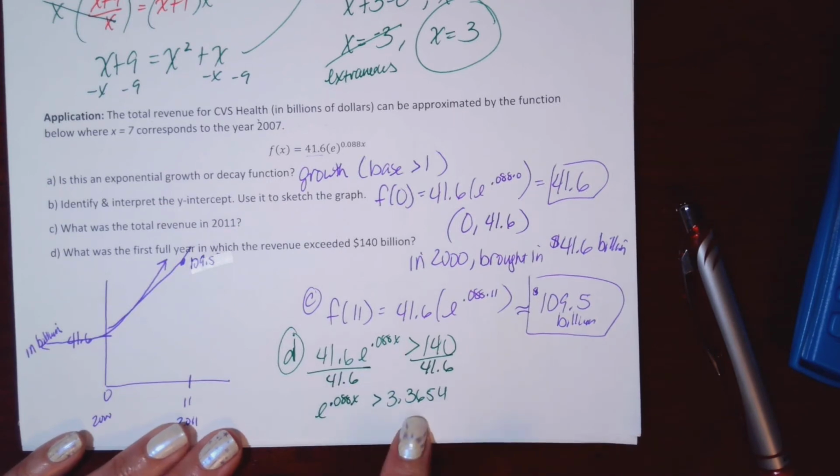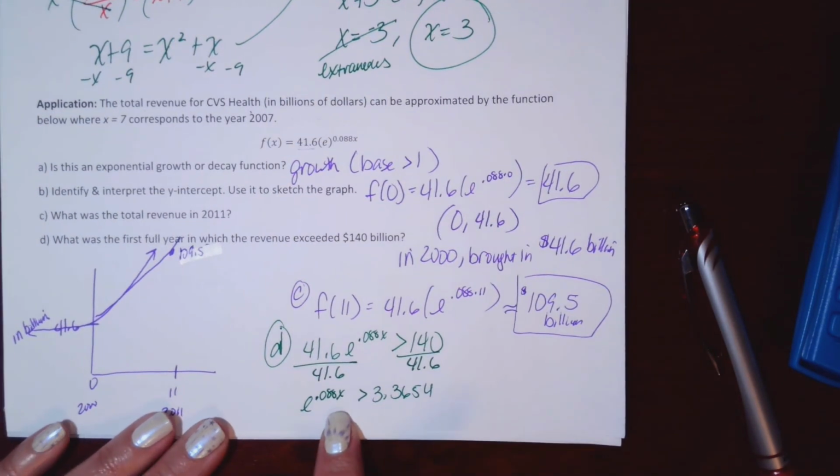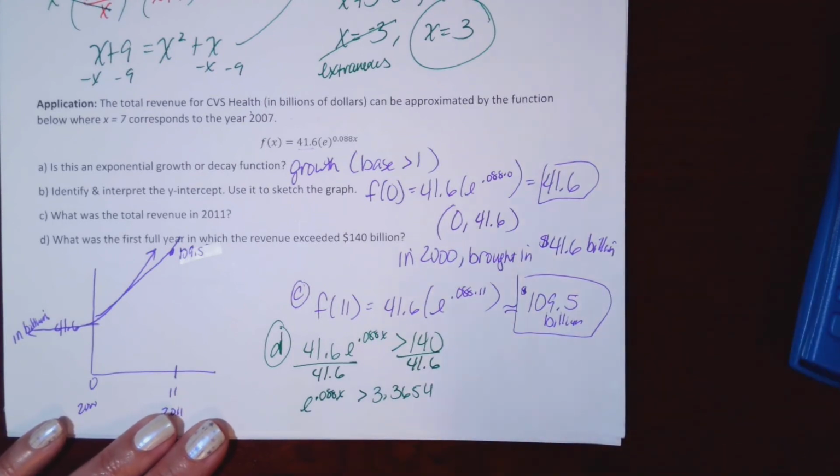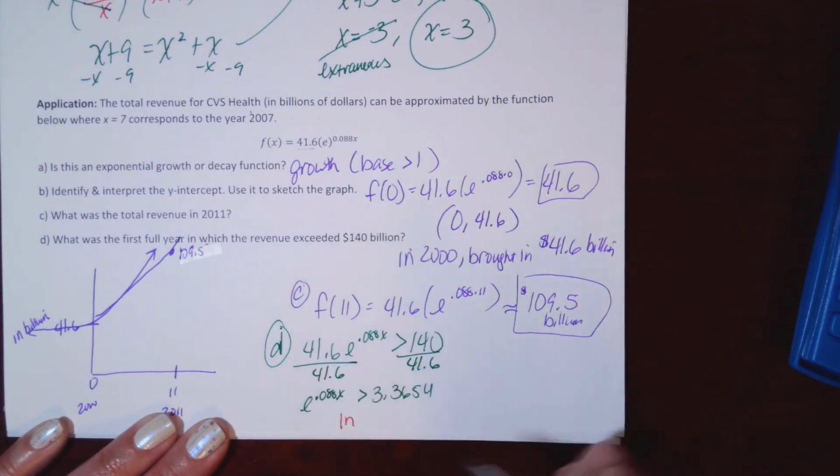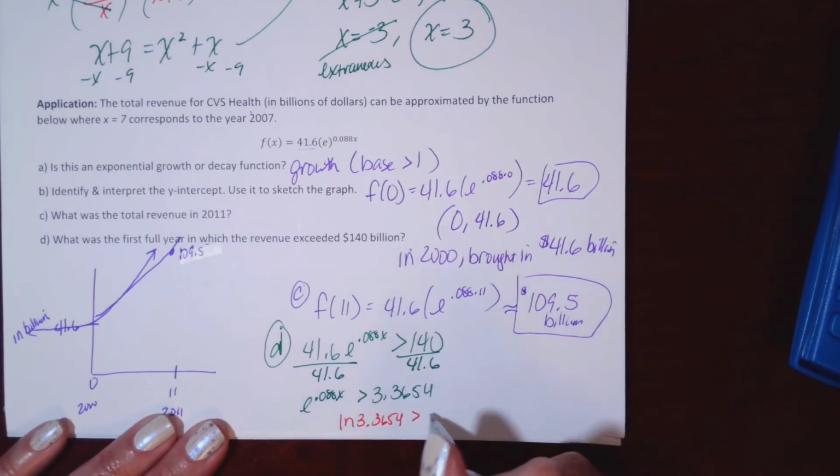How am I going to solve this? My variable is an exponent, so I'm going to use my definition of logarithm and write it as a log statement. Base e gives me natural log of 3.3654 greater than 0.088x.